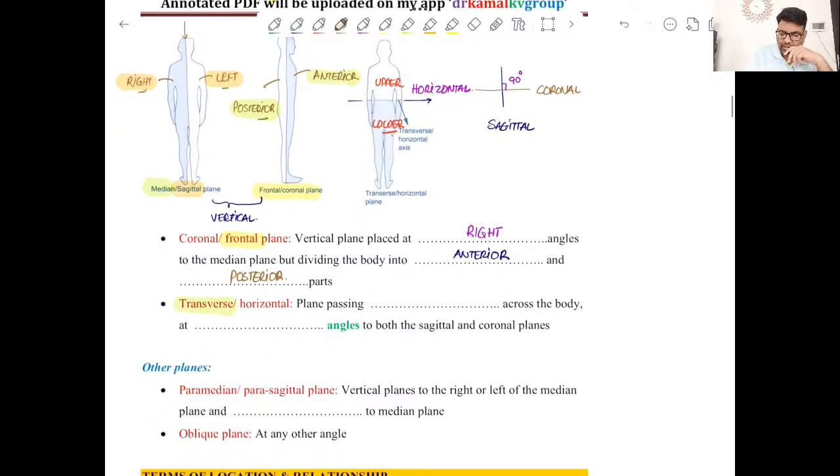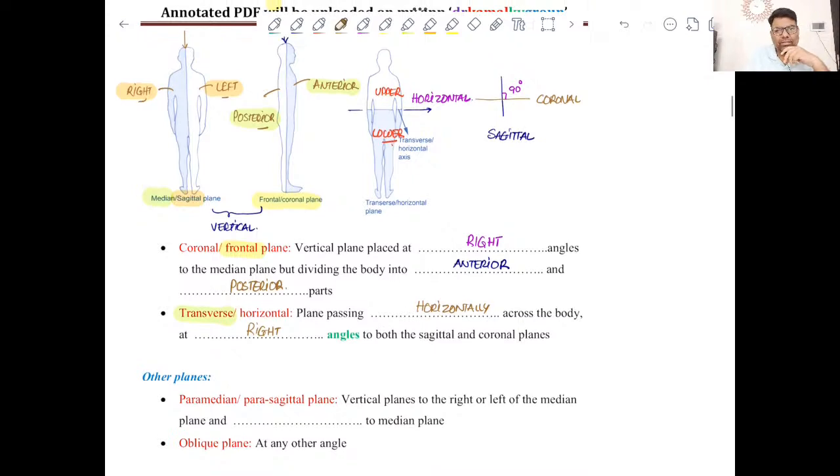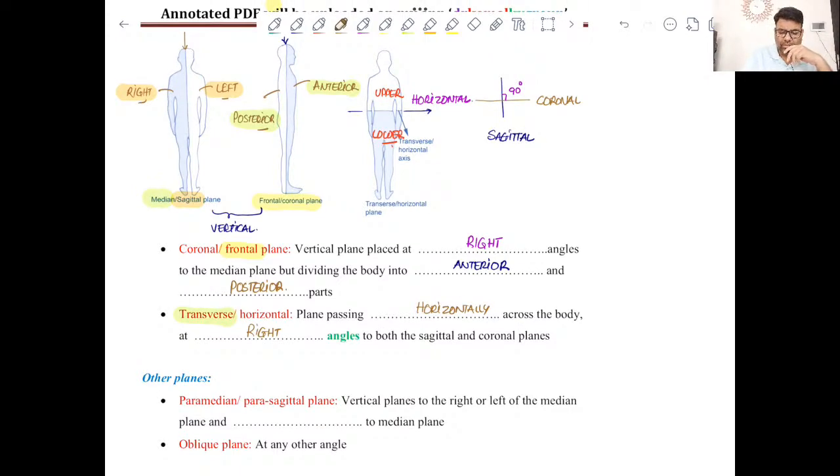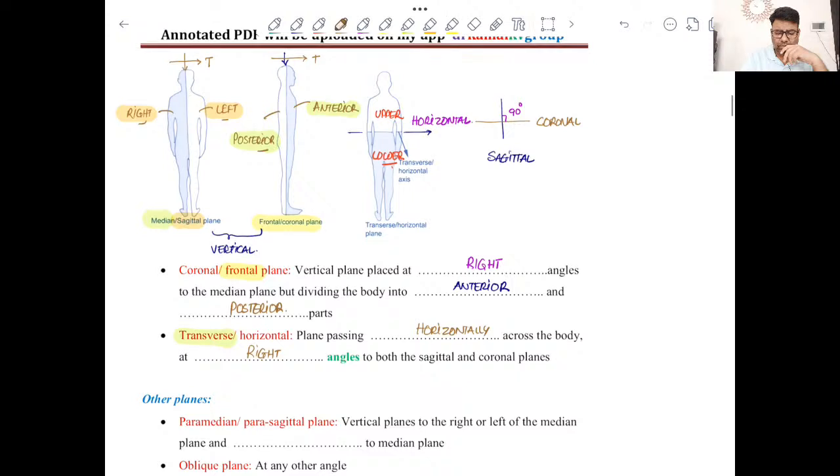The plane is passing horizontally across the body at right angles to both coronal and sagittal planes, because we know that these planes are vertical. Of course these planes are vertical, and this is the transverse plane, which is at 90-degree angle to both of these planes. Okay, so these are three important planes which we discuss in anatomy, and these are the commoner ones.